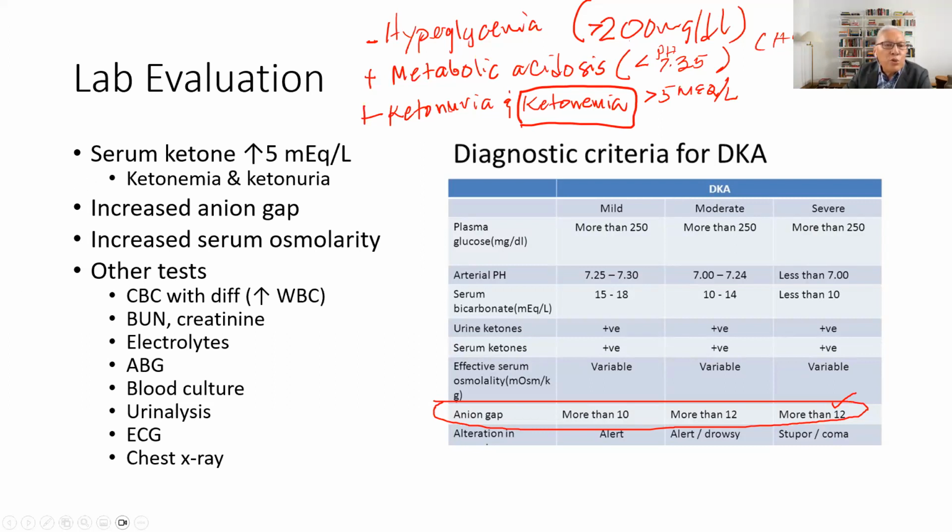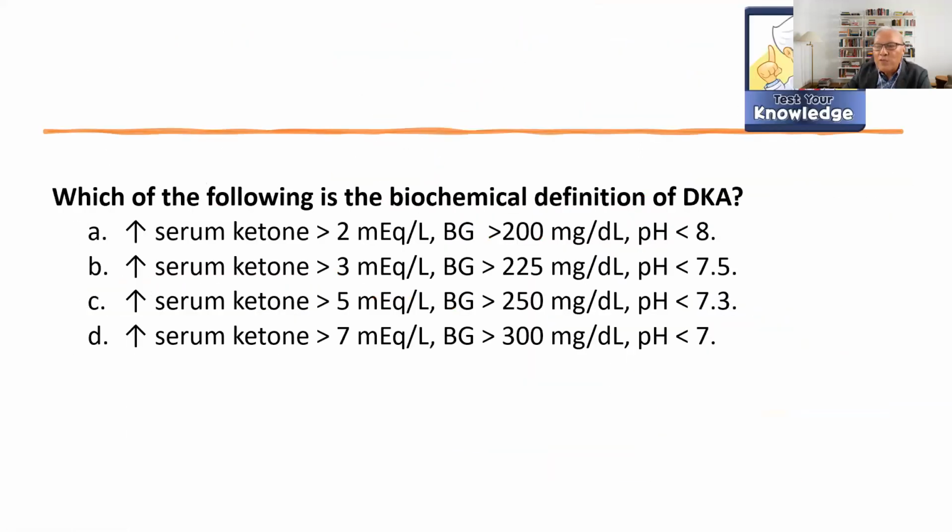And then, of course, your serum osmolarity is going to determine the fluid status of the patient. Okay. So I'm glad that we got the anion gap out of the way. Okay. So let's go to a poll right over here.